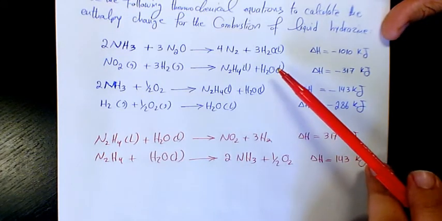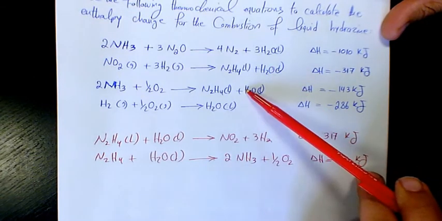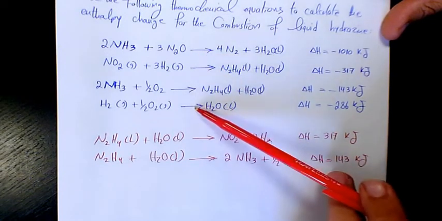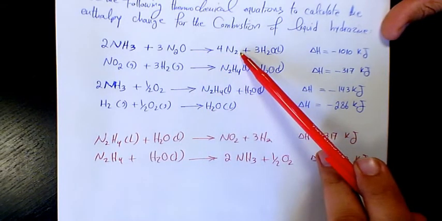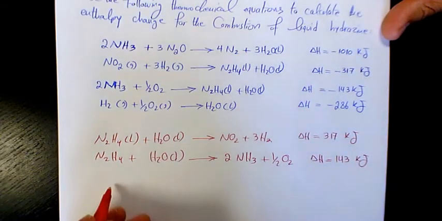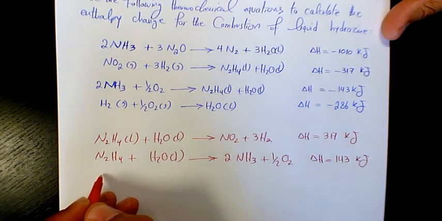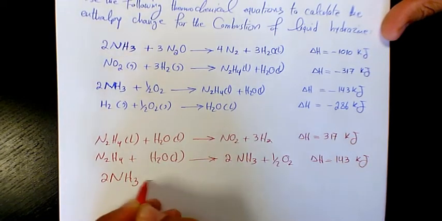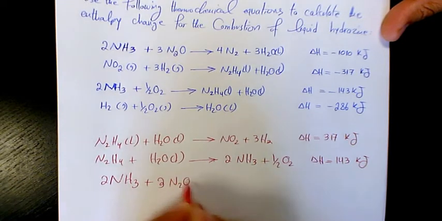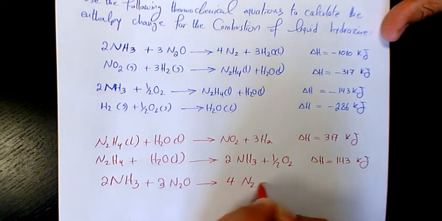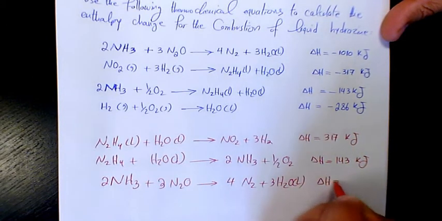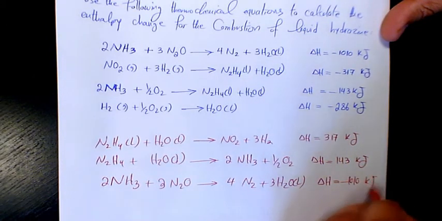So these two are reversed. Then we have this guy and this guy. Let's keep it the way we see it. 2NH3 plus 3N2O gives us 4N2 plus 3H2O liquid. Delta H is negative 1010 kilojoule.